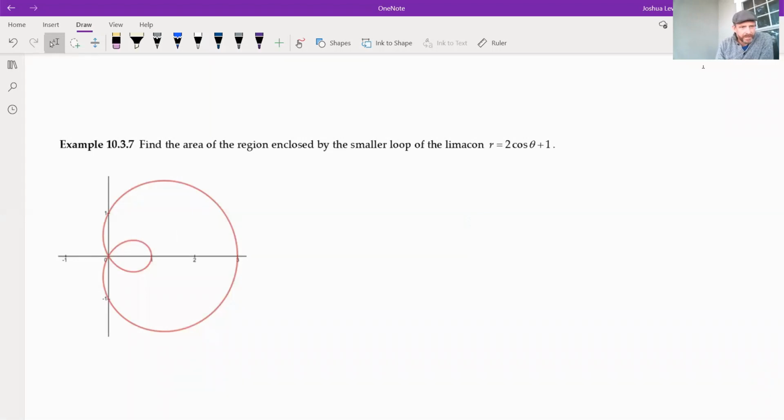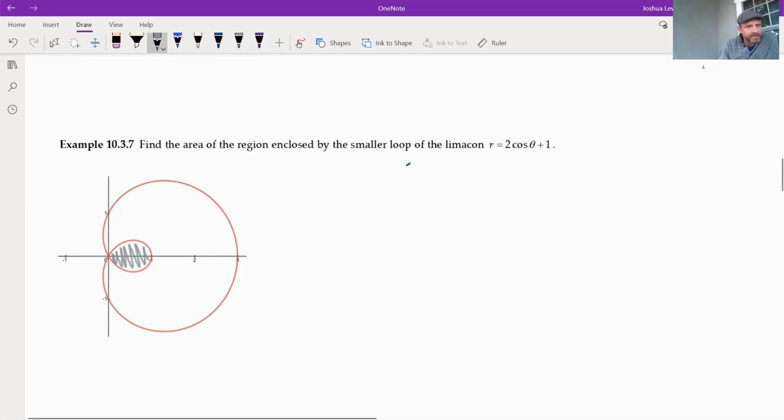All right, so we want to find the area of the region enclosed by the smaller loop of the limacon, r equals 2 cosine theta plus 1. And what that is, that's all this in here, right? And we can use some symmetry.